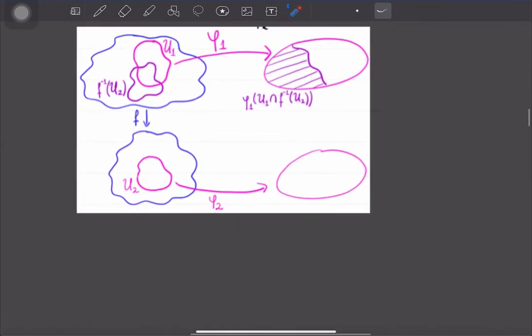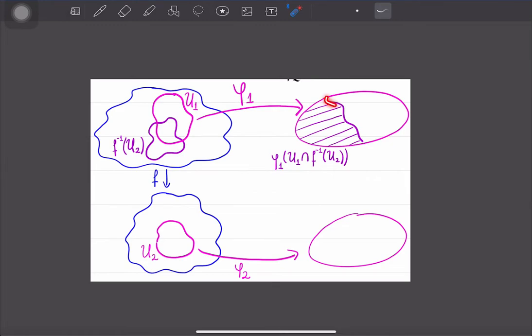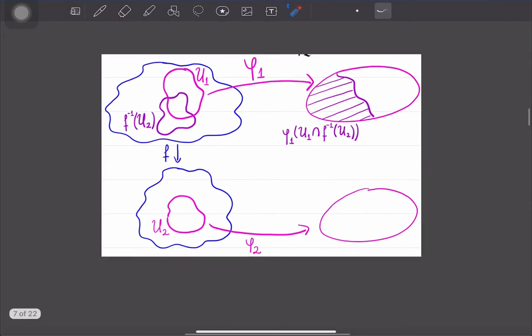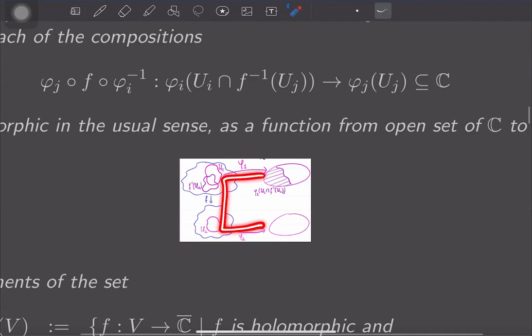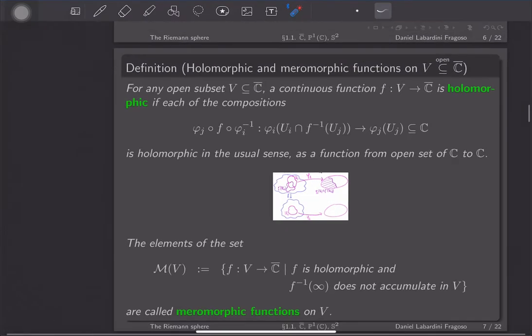Then one lands already in C, and one can ask whether this composition is holomorphic or not. One defines the function to be holomorphic if those compositions are always holomorphic.